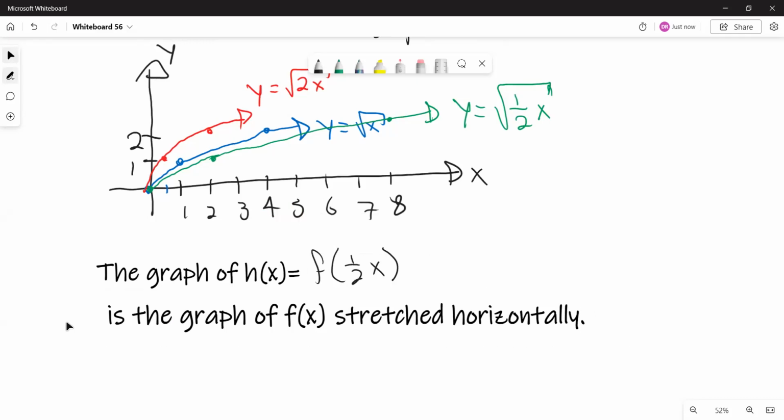So it was vertically shrunk, but it's also horizontally stretched.